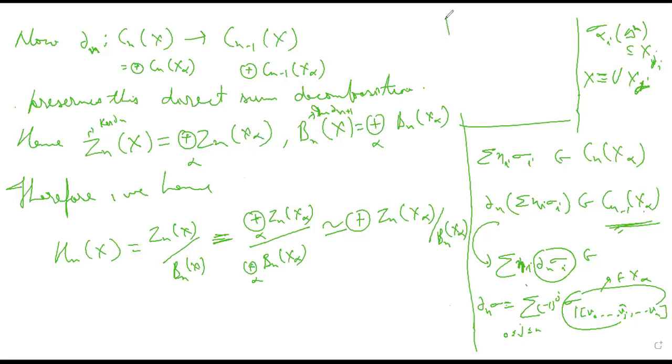Here you should notice that because of what I said, boundary n applied over CnX alpha is going to be in Cn minus 1 X alpha. So because of this, we have ZnX alpha.